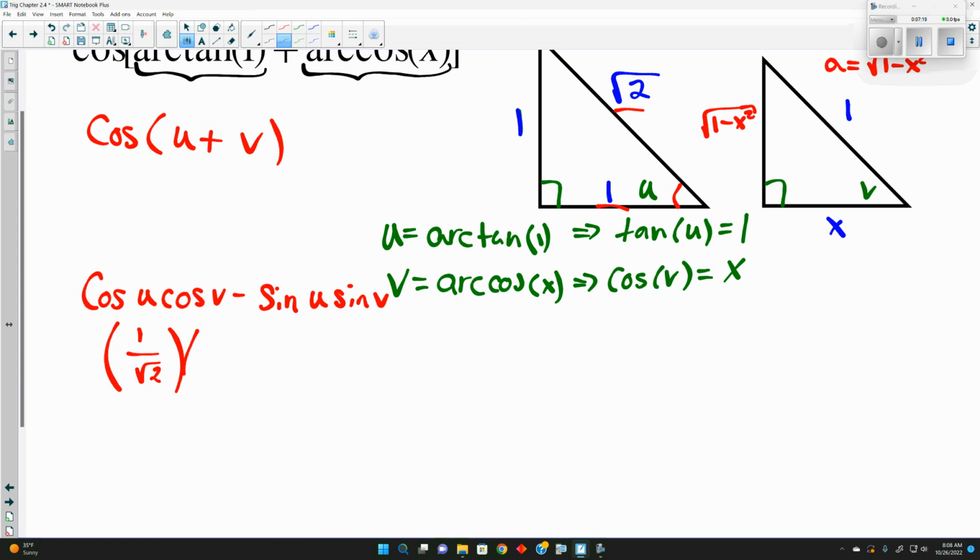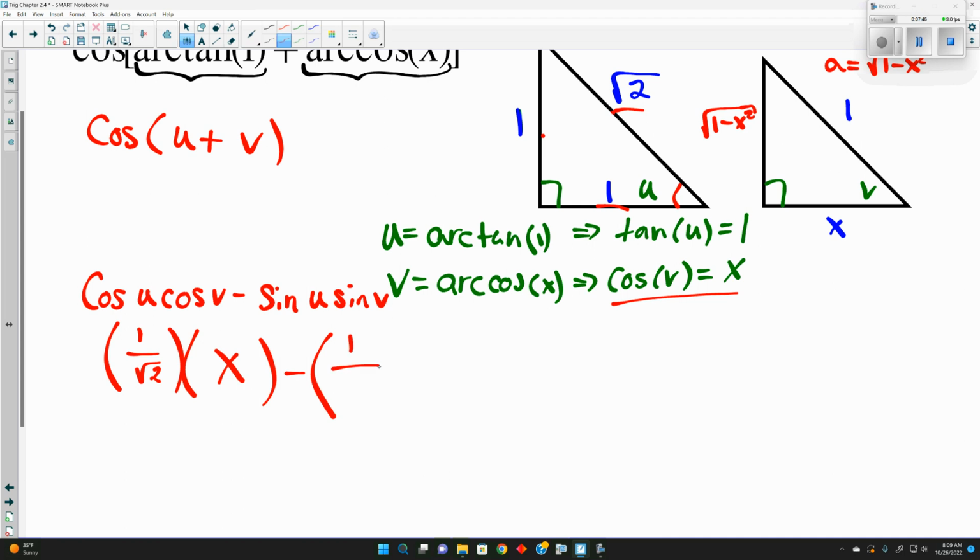Now cosine of v. So if we look over here, well, we technically already have it. It's just x. Because we could have used the triangle having x over 1, which is still just x. Minus sine of u, opposite over hypotenuse.